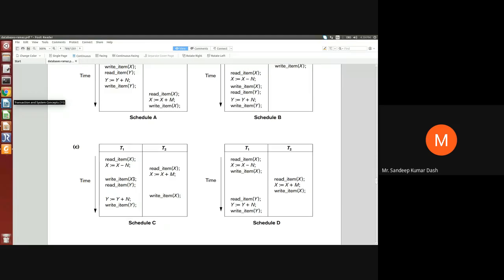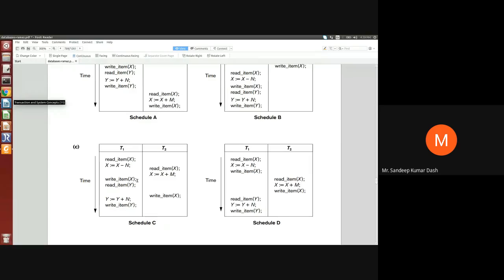Here it will be written, and it will be writing this X plus M. How much? 92, 93. Okay, that means there is some change or incorrect result.